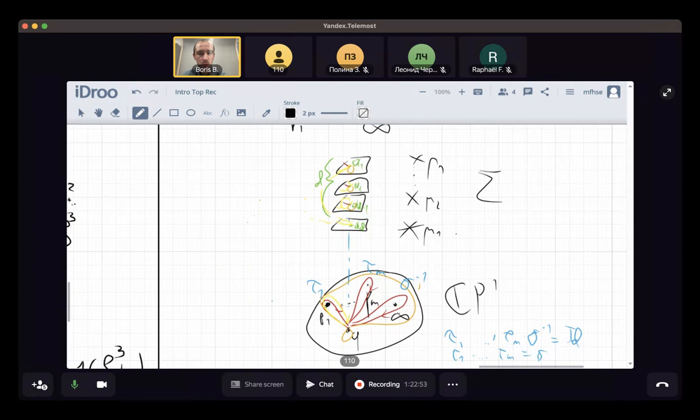Sorry, there is a mistake. Again, a mistake in the definition. So there is no n factorial. It should be modulo mu factorial in the definition.